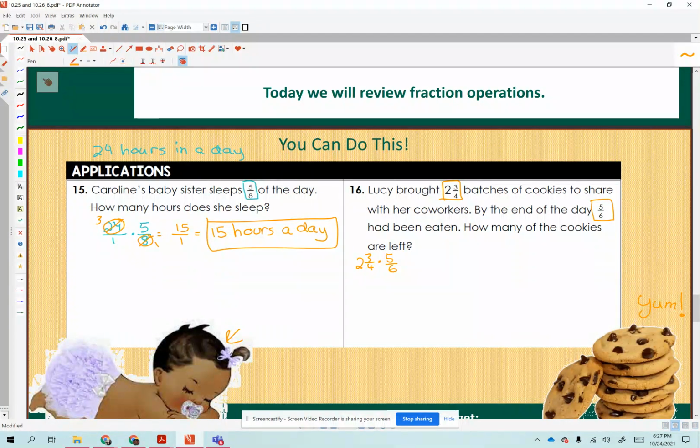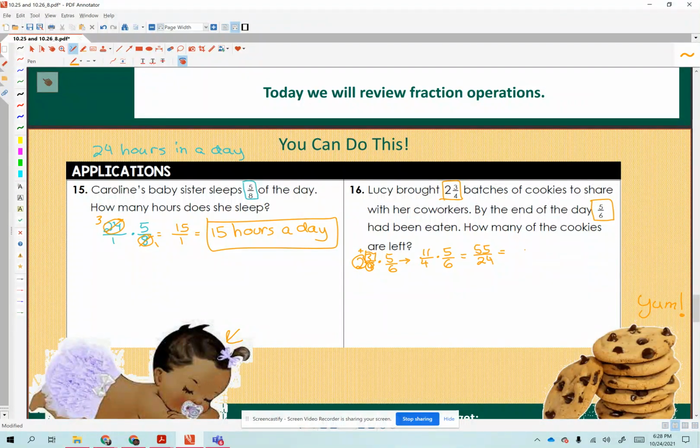First, we will convert 2 3/4 to an improper fraction. 4 times 2 is 8, plus the numerator of 3 is 11. So that would be 11/4 times 5 over 6. And that would equal, we can't simplify anything, so that's going to give us 55 over 24.